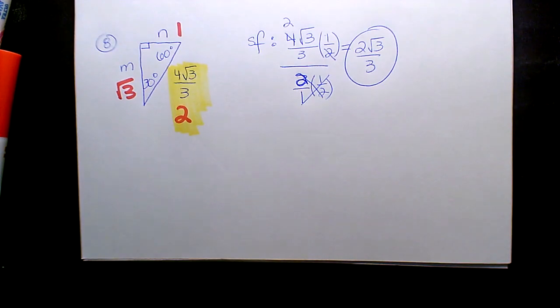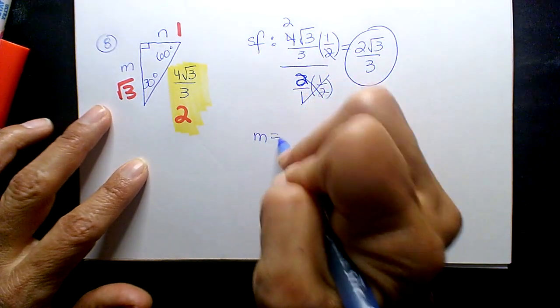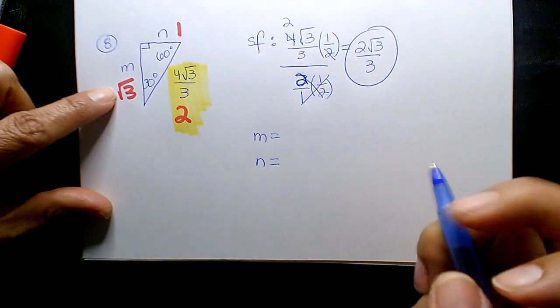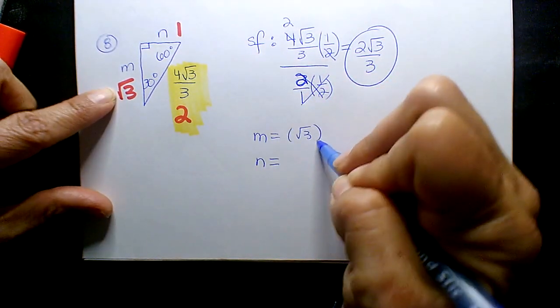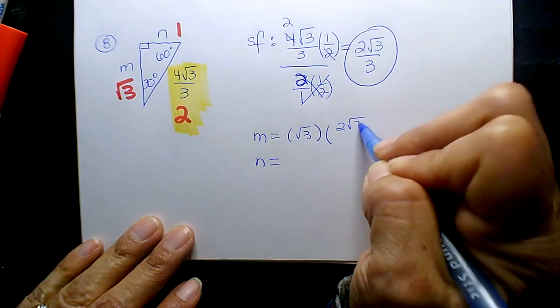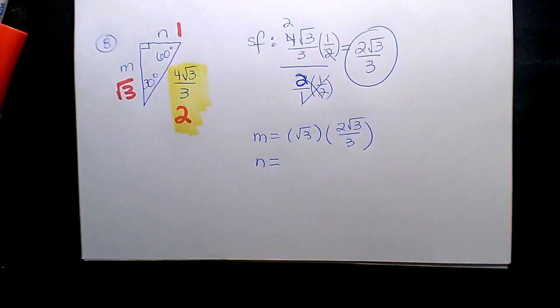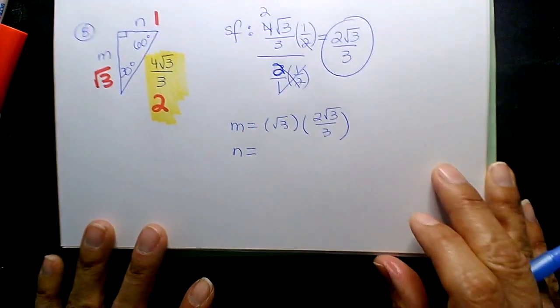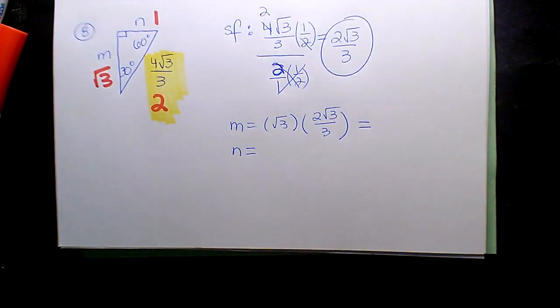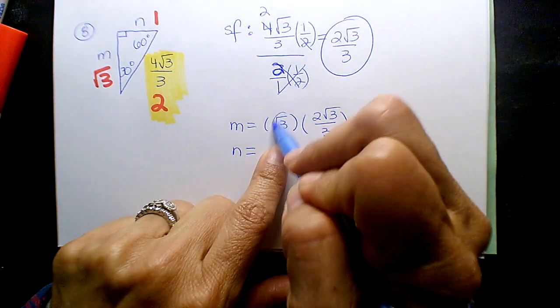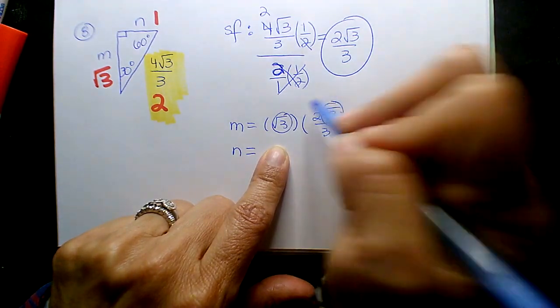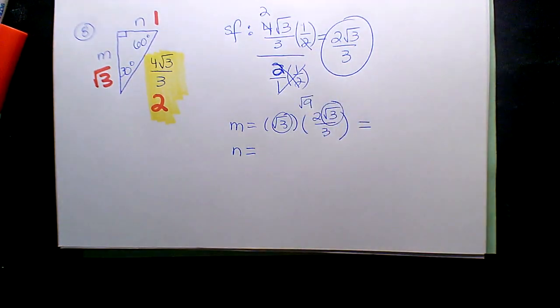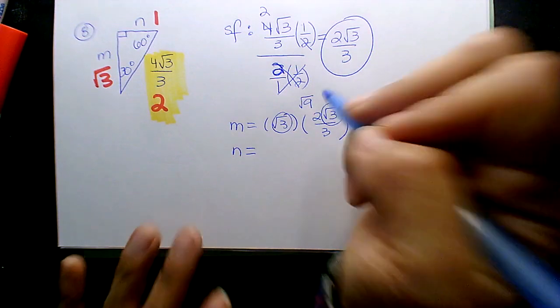Okay, what's M and what's N? M is rad 3 times 2 rad 3 over 3. You can use the calculator, but let's try to do it with perfect squares. What's rad 3 times rad 3? Rad 9. What's the square root of 9? 3.